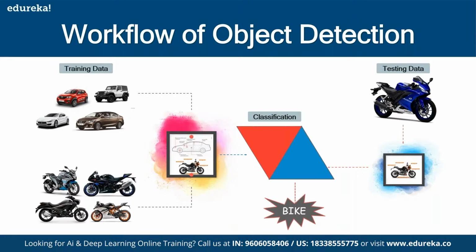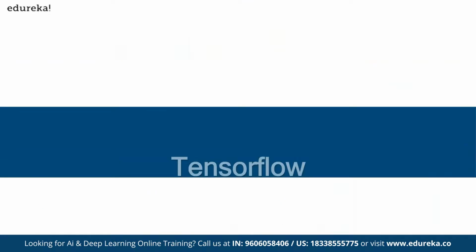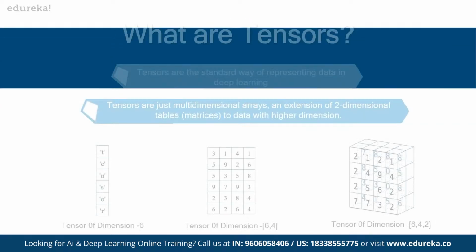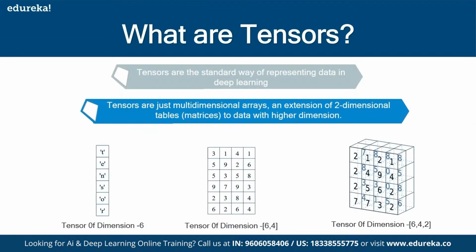Now, coming to TensorFlow, as I mentioned already, it's the deep learning framework created by Google, which we'll be using to create the deep learning models. This TensorFlow has one of the main object types called tensors.